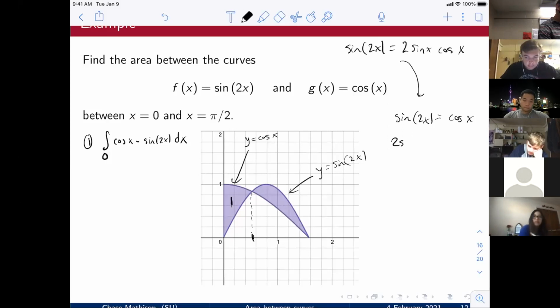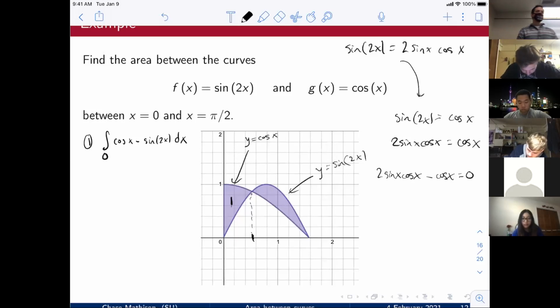I get 2 times the sine of x times cosine of x on the left is equal to the cosine of x on the right. So now to be safe, I'm going to subtract cosine of x over. I get 2 times the sine of x times the cosine of x minus cosine of x is equal to 0.